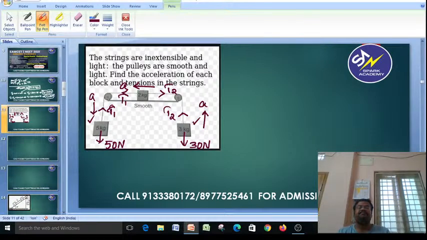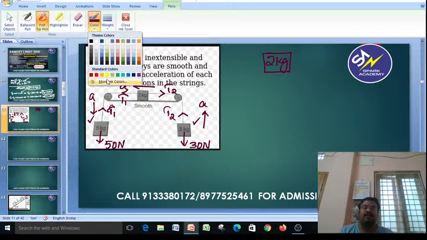So this is the representation of the symbols in your block diagram. Now you have to draw a free body diagram. I will take the 2 kg block first of all. Sorry, I will change the color.